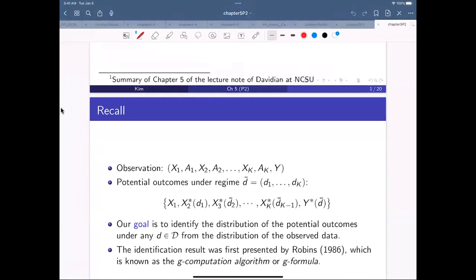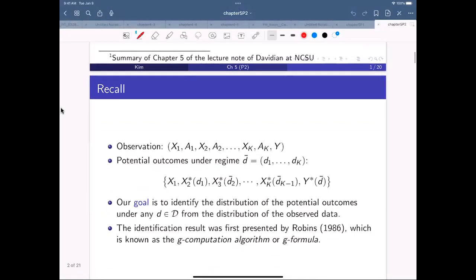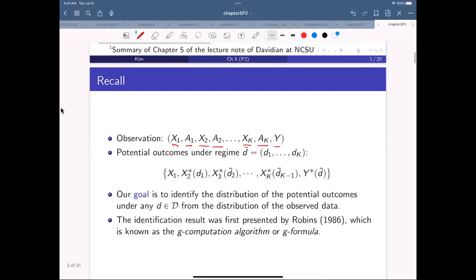So this is the observation. So the baseline, and then A1, and then X2, A2, XK, AK, Y. And then X1 is just given, but A1 depends on X1, right?